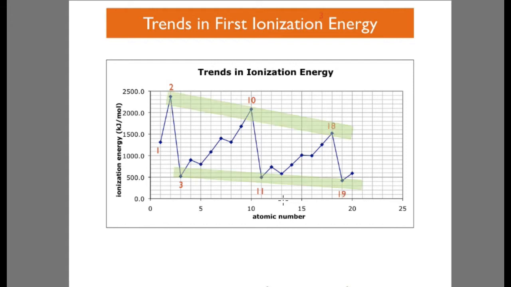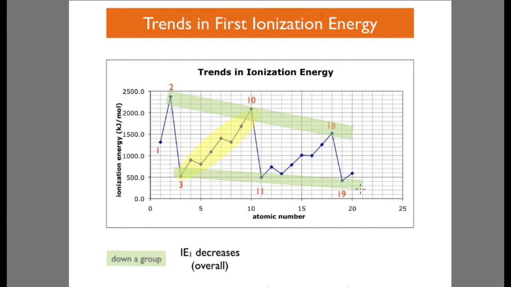So we can see as you go down groups, the ionization energy decreases overall. You can see a gradual decrease here in the noble gases, and over here you can see it too as you go from lithium to potassium.